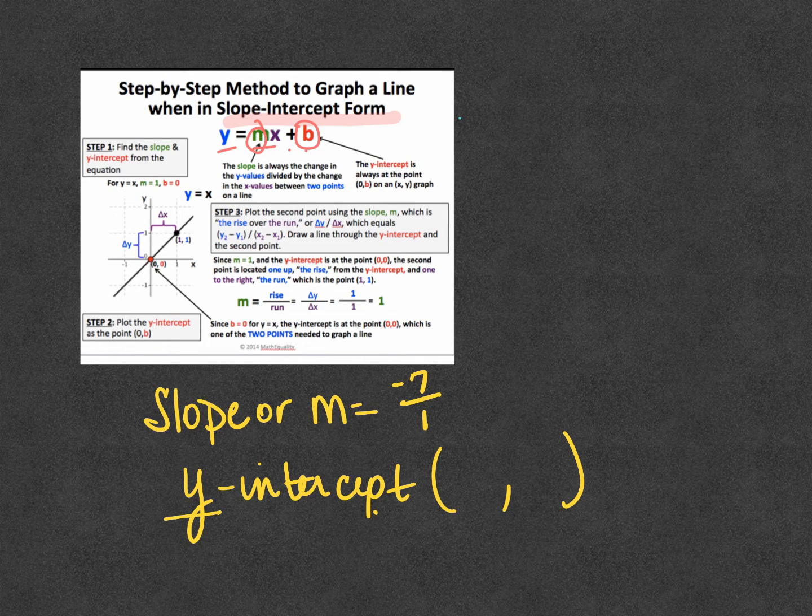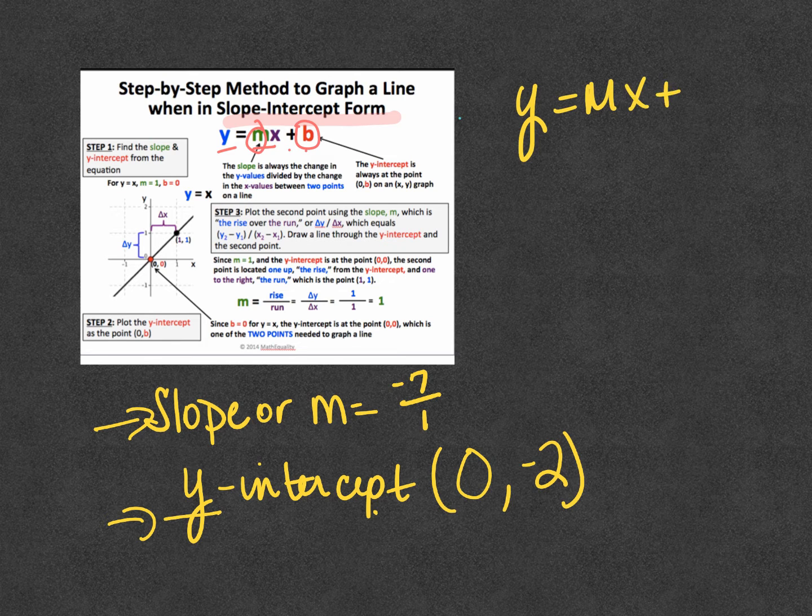When you're finding the y-intercept, of course, x is 0. And let's say that your y is -2, okay? So you are given this information and you're asked to write that in the slope-intercept form, which is y equals mx plus b.